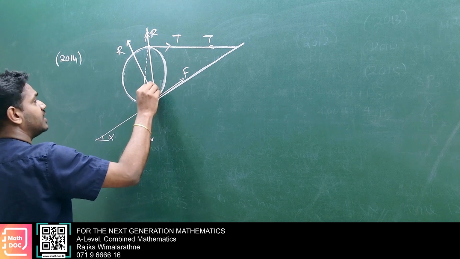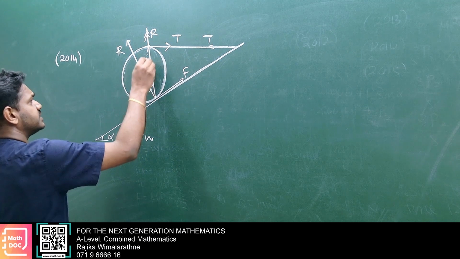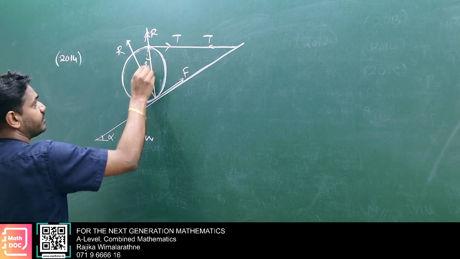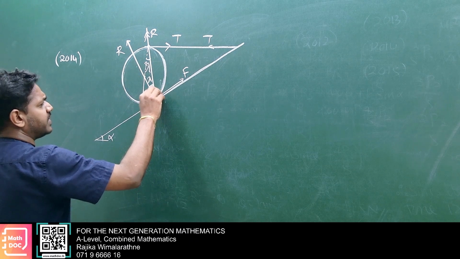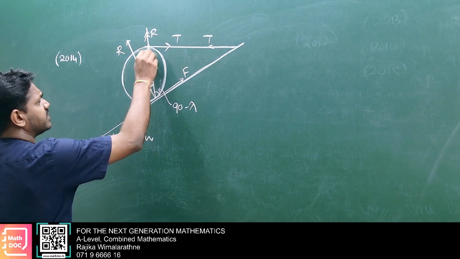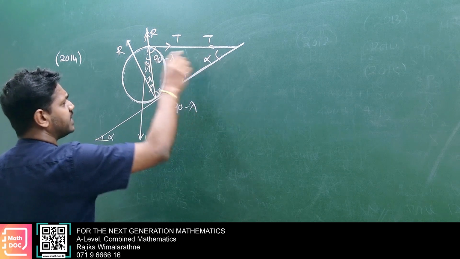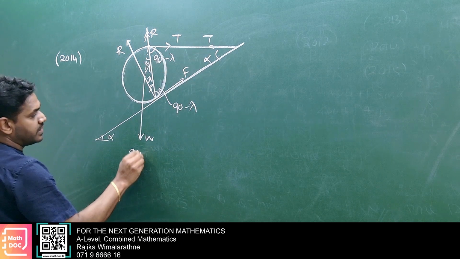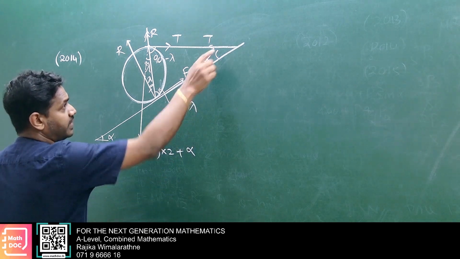Then here we call the angle of friction lambda. Since these two are radii, this is also lambda, no? Then here 90 minus lambda, here also 90 minus lambda, and here alpha. Angle sum: 2 times 90 minus lambda plus alpha equals 180.